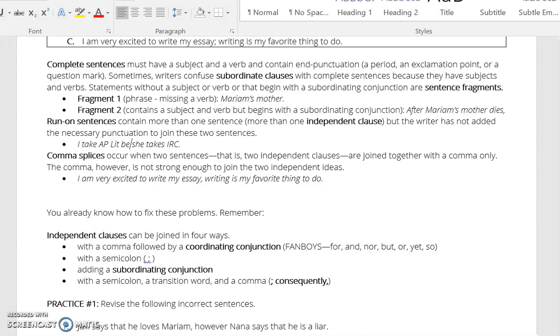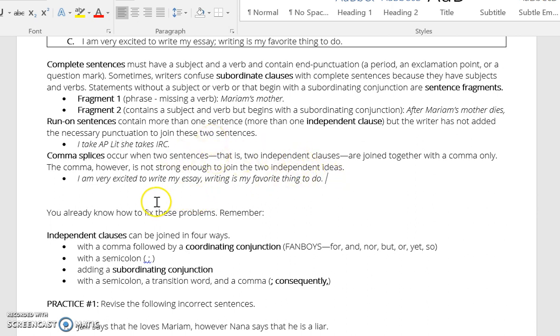I take AP Lit because she takes IRC. Or I could get fancy with my semicolon and say, I take AP Lit, semicolon, conversely, comma, she takes IRC. Those are how we connect 2 independent clauses. If we are missing any of those connectors, it is a run-on.